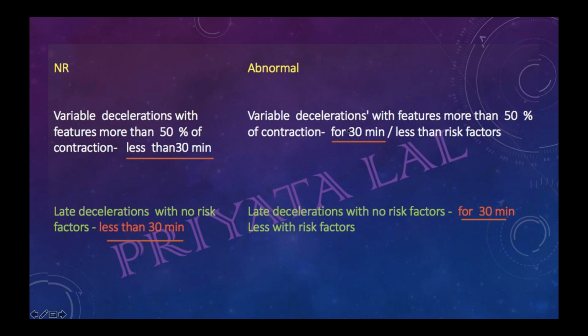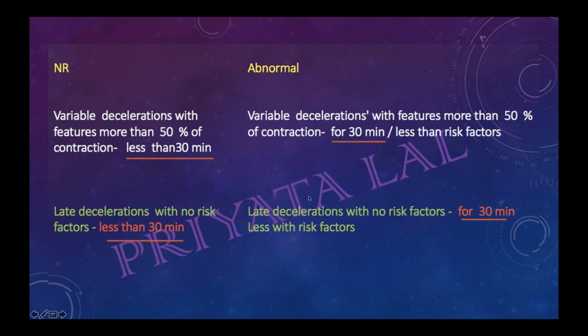More than 30 minutes or 30 minutes, it will be abnormal feature. Late deceleration, less than 30 minutes NR, more than 30 minutes abnormal. In the abnormal category, everything has to be 30 minutes or more, otherwise NR. But if you have a bleeding patient, or if meconium is there, then less than 30 minutes will be an abnormal feature.